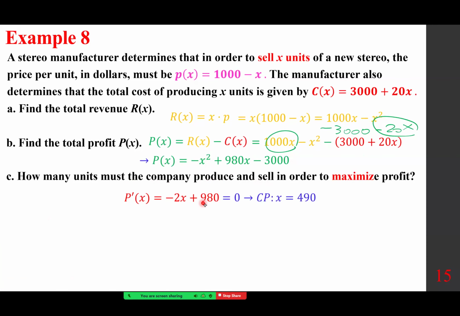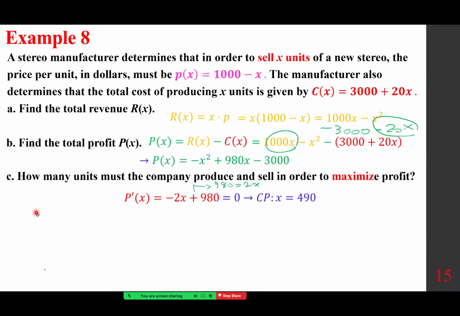So just move the negative 2x and divide by 2. Is this going to maximize or minimize?